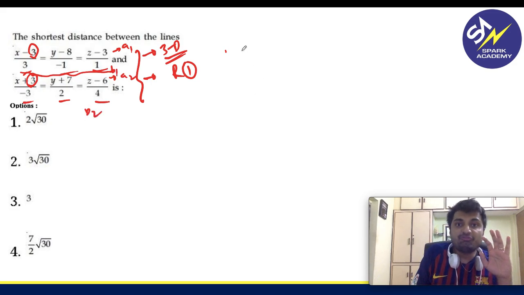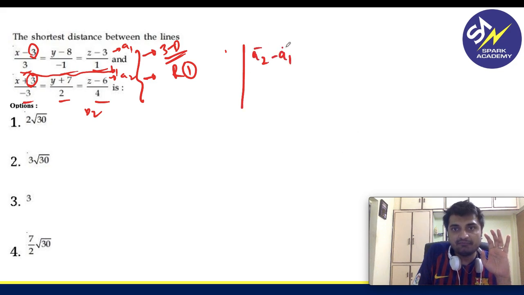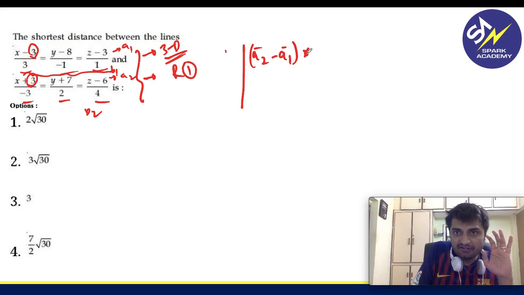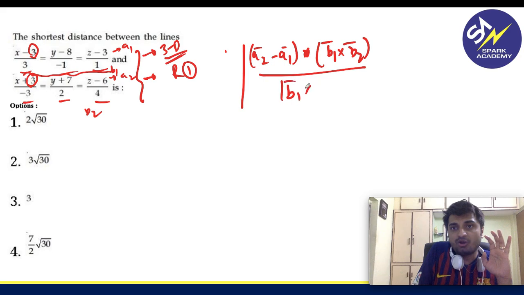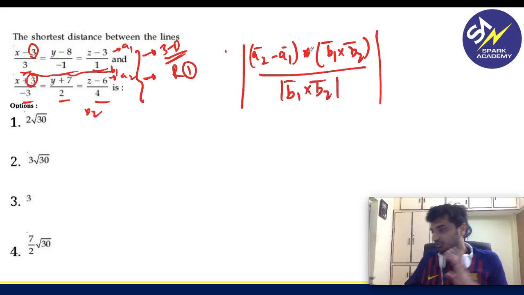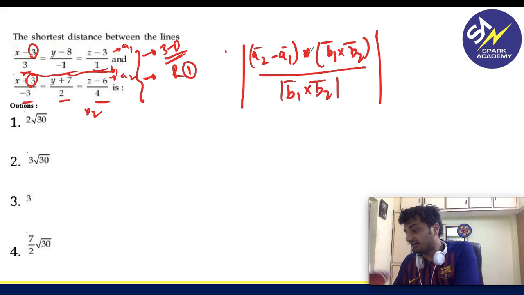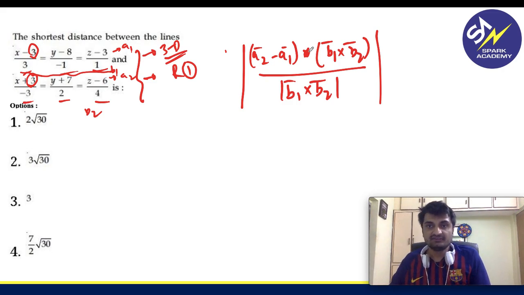So the formula now is mod of (A2 minus A1) dot (B1 cross B2), whole divided by mod of B1 cross B2. This is the formula you can use if DRs are different, guys, right?